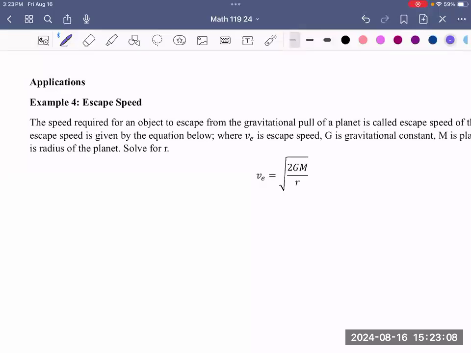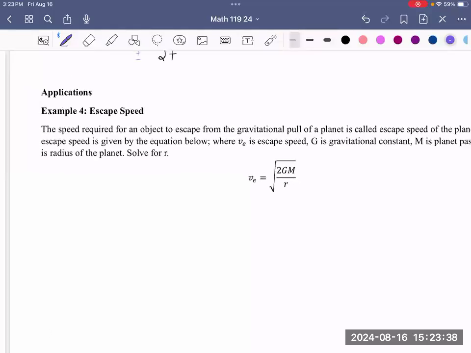So in example 4, we're going to be asked to solve for a particular variable. These are called literal equations. I do have another video walking us through lots and lots of problems on how to solve for some of these, but think about a game plan as just doing the opposite action of your variable.